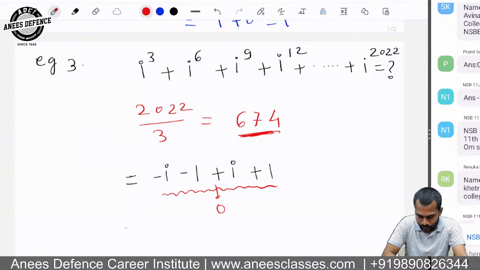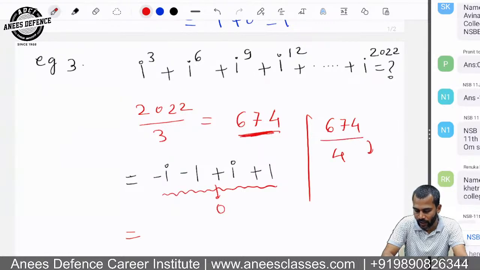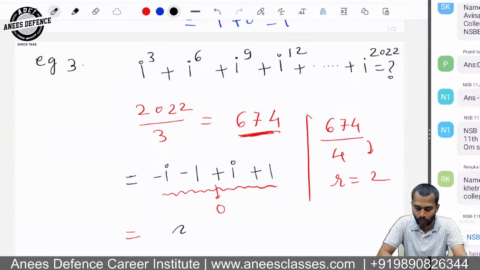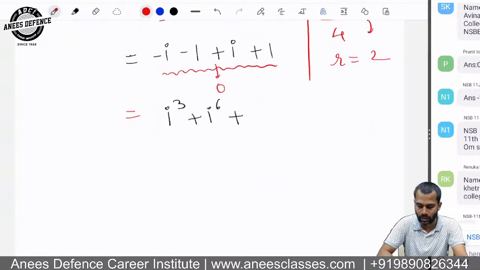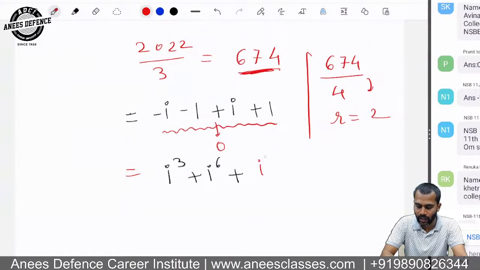So we already know 674 divided by 4 gives remainder 2. So only 2 terms we have to take aside: iota cube plus iota raised to 6. And from here, iota raised to 9, then iota raised to 12, and so on till iota raised to 2022.